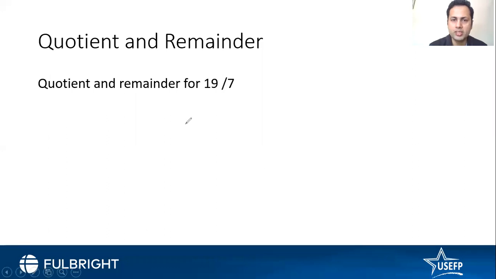So 19 divided by 7. I hope all of you have done it like this. 7 2s are 14.